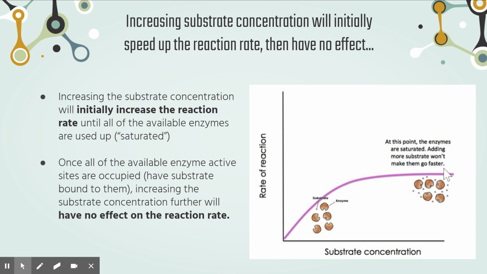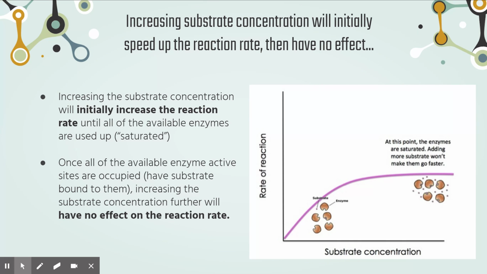Since it's leveling off, that's saying the reaction rate stays the same. At this point in the graph, the enzymes are saturated. Adding more substrates won't make them go any faster. All the enzymes have a substrate each. They can only do that reaction so quickly, so the rate stays the same.